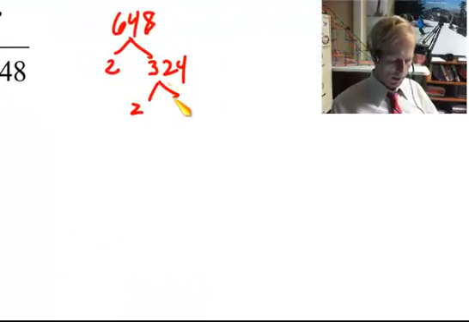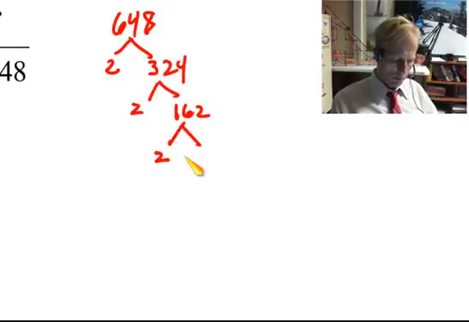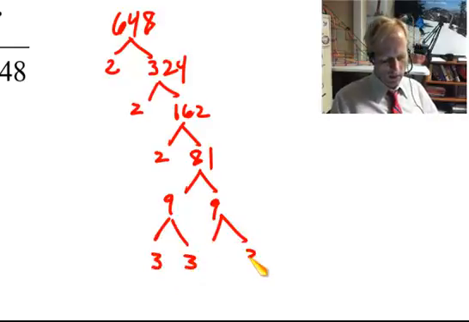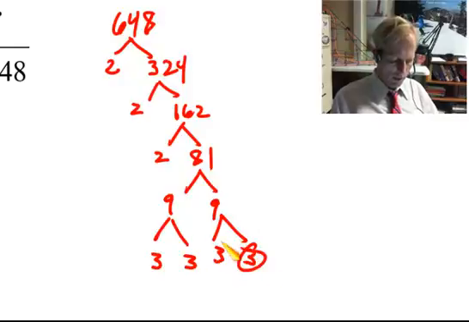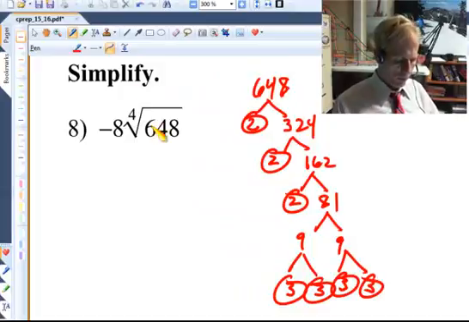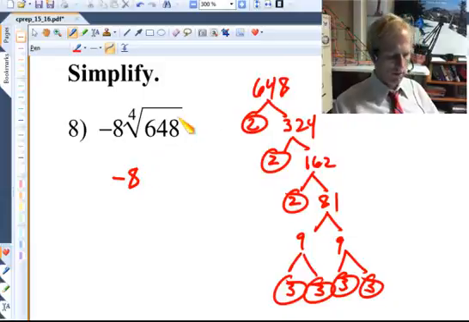And that's 162. Also divisible by 2, 81, and that's 9 and 9, and then 3 and 3, and 3 and 3. So I have 4 3's and 3 2's. Okay, I'm talking about the 4th root, so I want to write things in terms of factors that are to the 4th power.